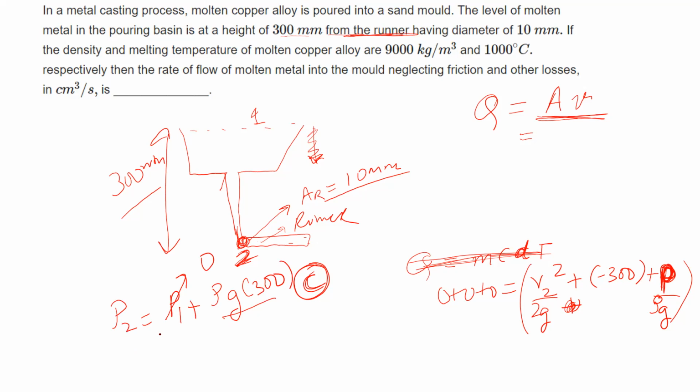Then it will become 0 only. V2 will become 0 only if we do it this way. V2 square by 2g is equal to the pressure at this point, at the start of the runner, right?